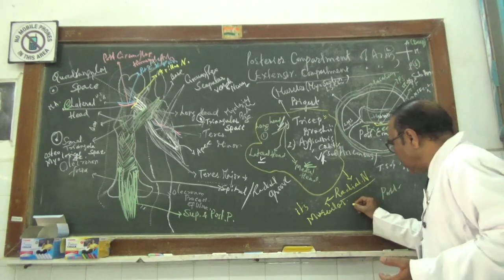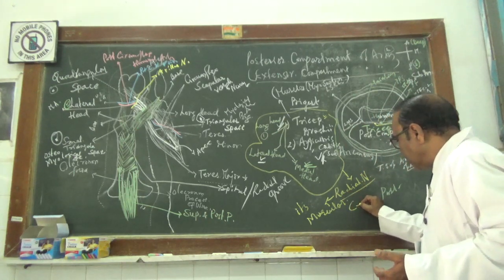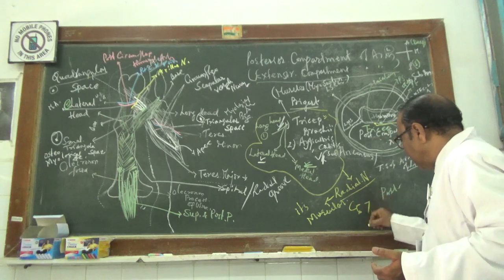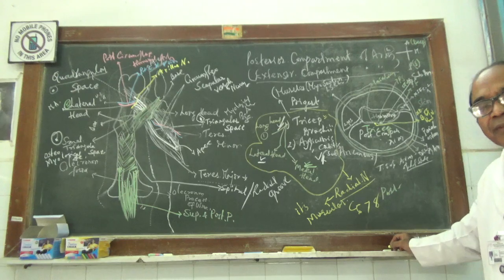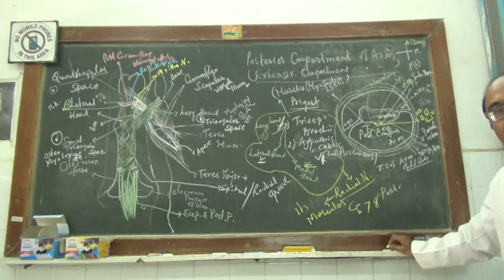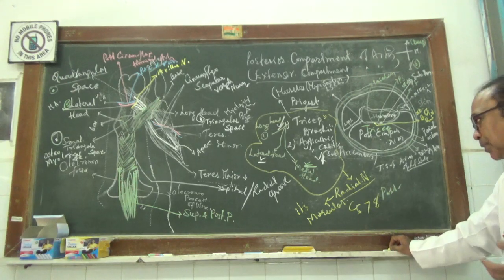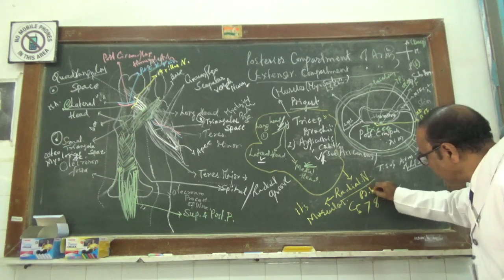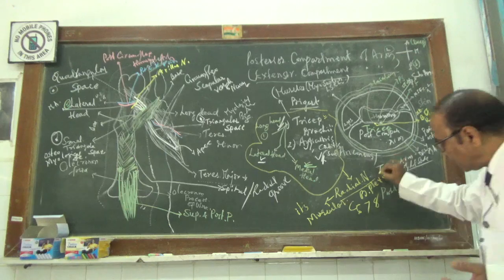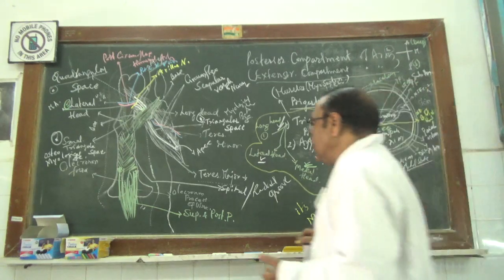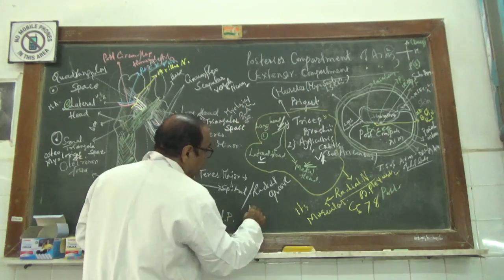This radial nerve has the root values C6, C7, C8, from the posterior cord of the brachial plexus. So this is important.